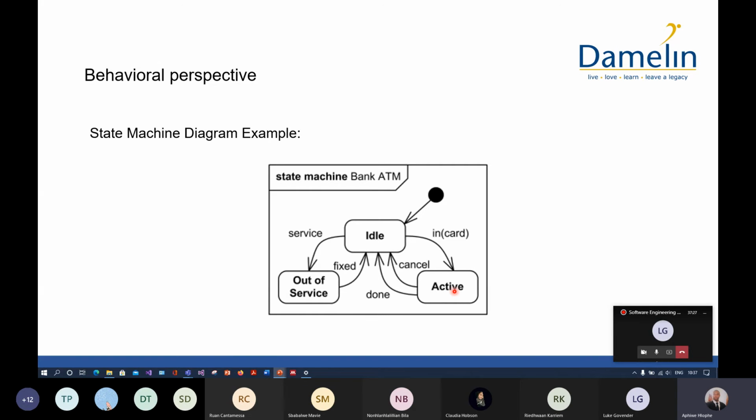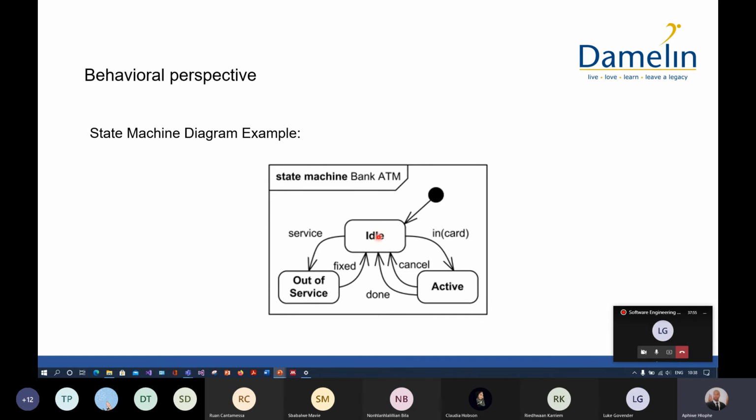Now the ATM is responding to you, okay, as the user. What needs to happen for the ATM to go from active state back to idle state? Either the user cancels the transaction or the user is done withdrawing, depositing, or transferring cash, okay?